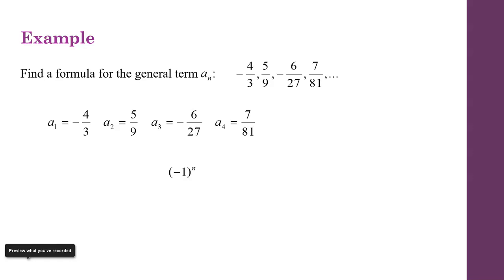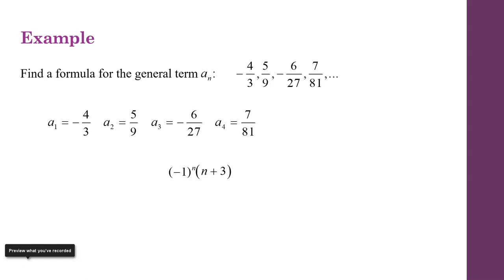So it looks like if I use n plus 3 in the numerator, I'll be able to get the numbers that I have currently. So we have a negative 1 to the nth to ensure the signs alternate, and then n plus 3 to make sure we get 4, 5, 6, and 7.